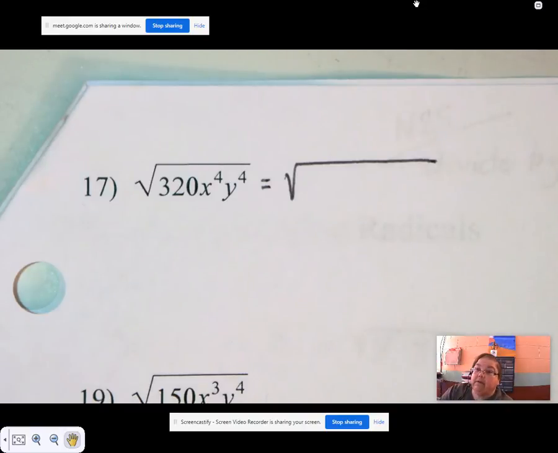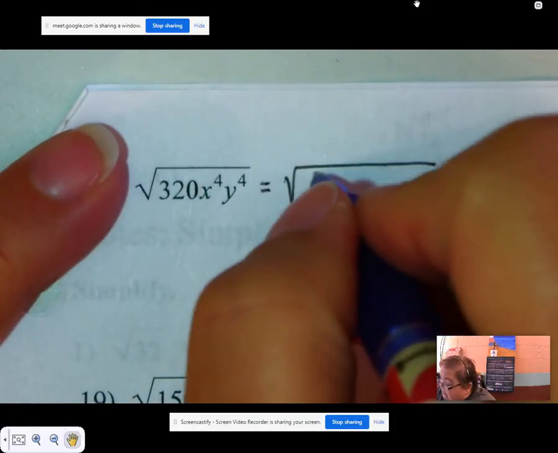What have you got? Tell me what times what is 320. No, it's bigger. 16 times 20. 20 has a perfect root in it. Keep going. That's not it. 64 times 5.